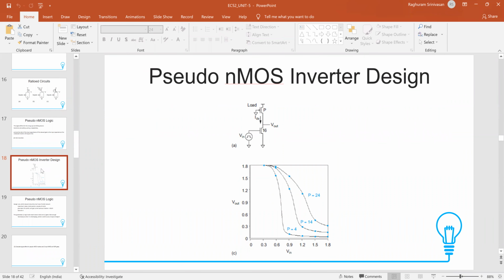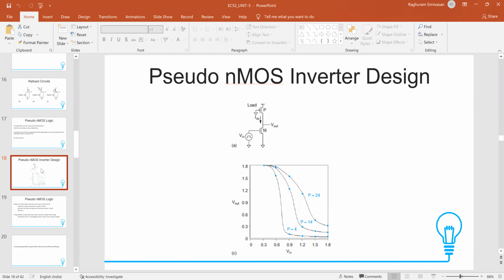Even though we are going to study it, give the sizes, and calculate logical effort, it is not used in any practical situations, mainly because it suffers from one very important drawback called static power consumption. Because of that, this whole logic family cannot be used, but it is of historical value because it evolved into dynamic logic circuit families.